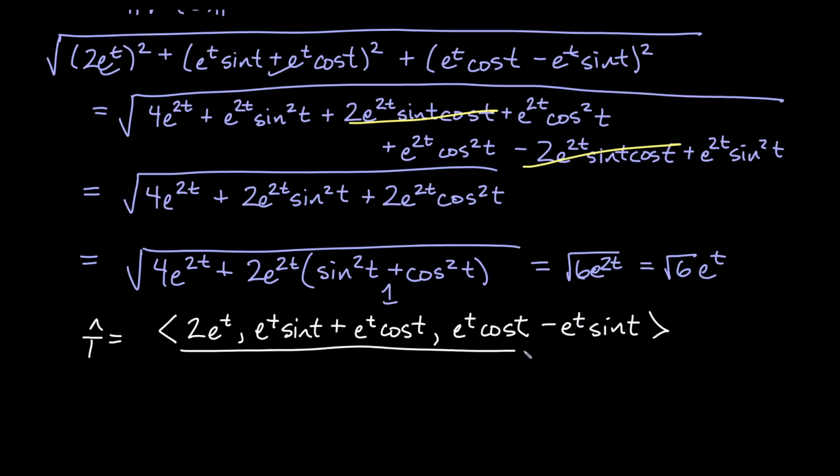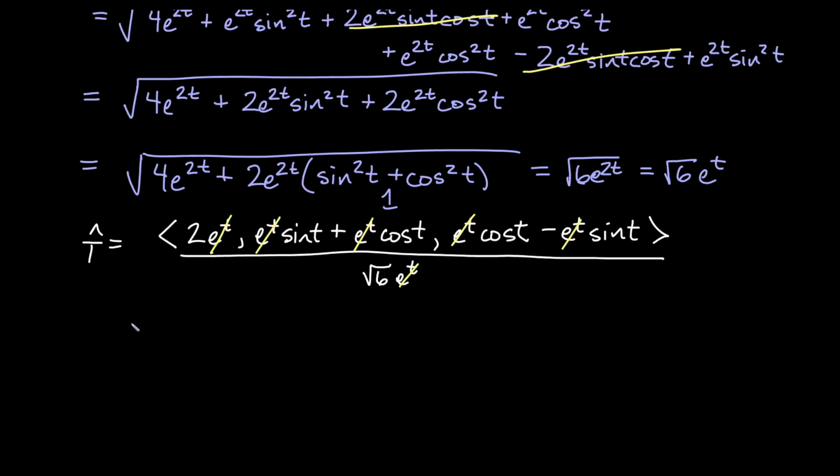And all of that is going to be divided by root 6 e to the t. So you can sort of see what happens here. Everything has e to the t in it up top, so we'll get rid of that. We'll reduce all of the e to the t terms here. So it helps us a bit in simplifying. We certainly want to do that. For our first term, you'll notice we just get 2 over root 6.